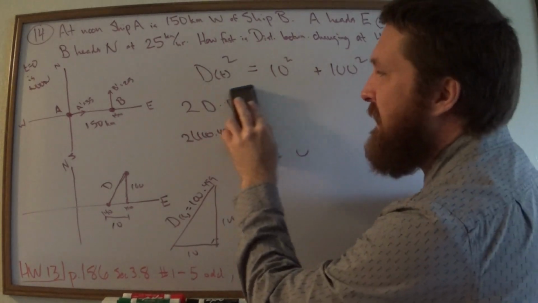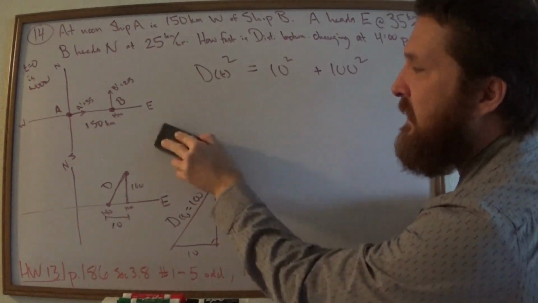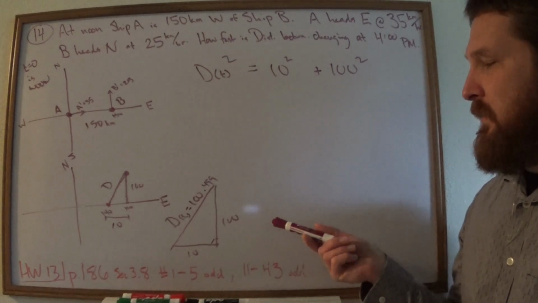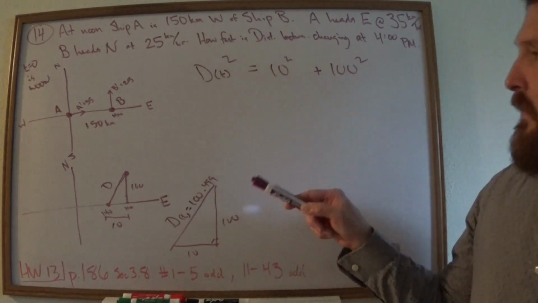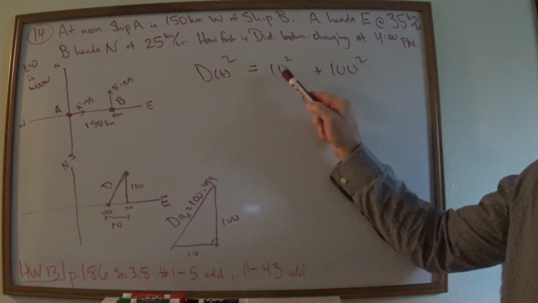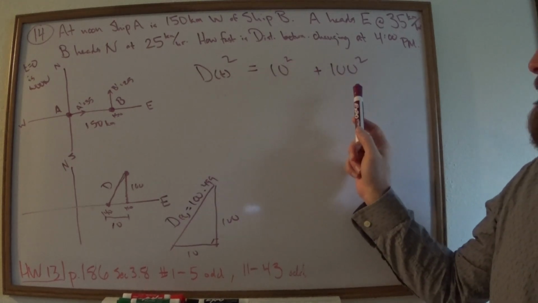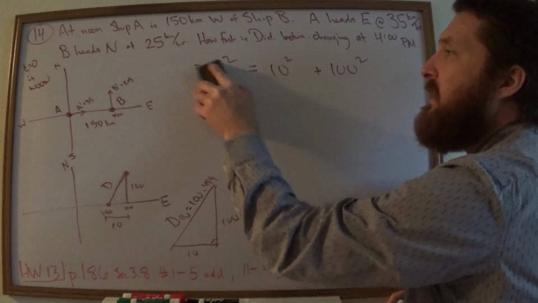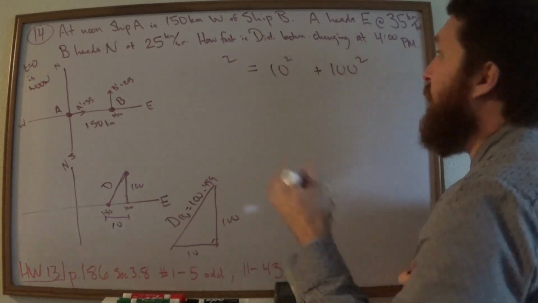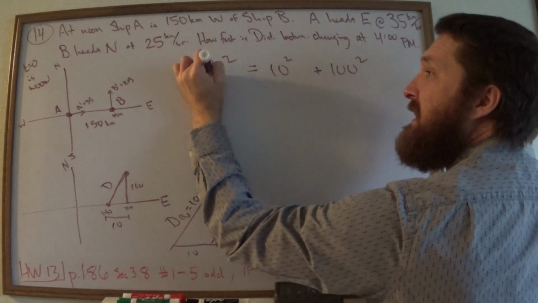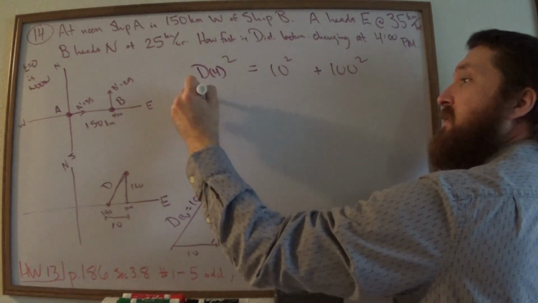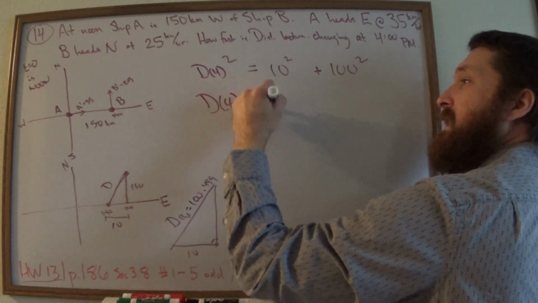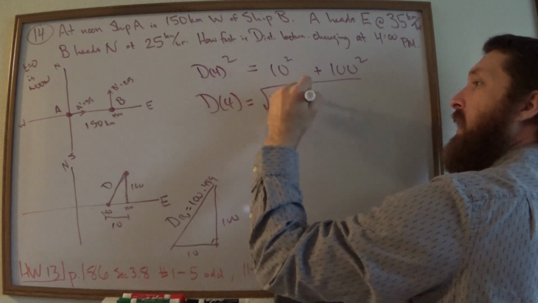What we've done here is we've assumed, well, the problem is that there are no t's over here anywhere. This is what the distance is at 4. So d of 4 is equal to the square root of this.